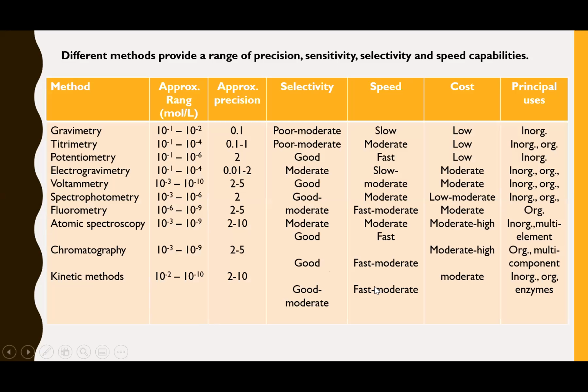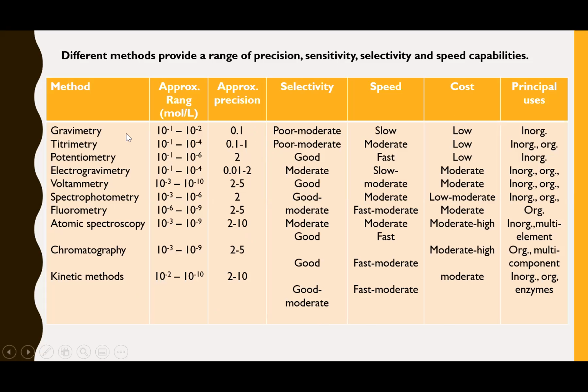So this table is showing you that when we have different methods of analytical chemistry based on quantitative analysis, we also have different precision, selectivity, speed, costing, and reliability of the techniques.